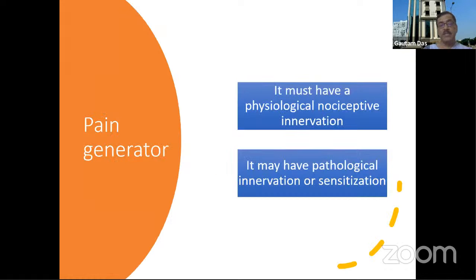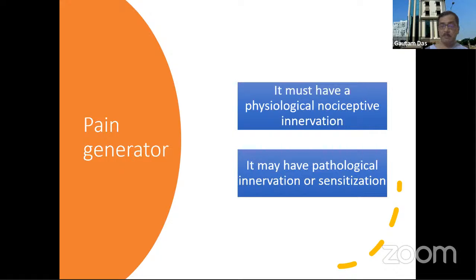So the pain generator concept: what can be a pain generator? To be a pain generator, a structure must have a nociceptive innervation. It must have a nerve, and only then can it be a source of pain. And this nerve can be a normal anatomical, physiological nerve, or sometimes it can be a pathological innervation.